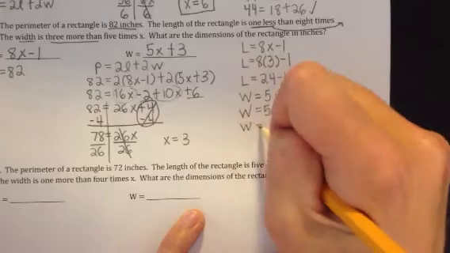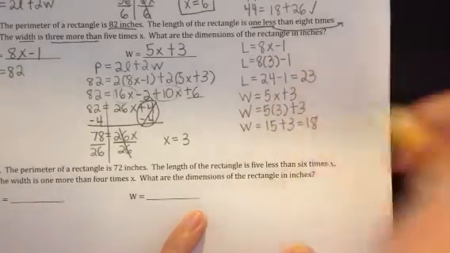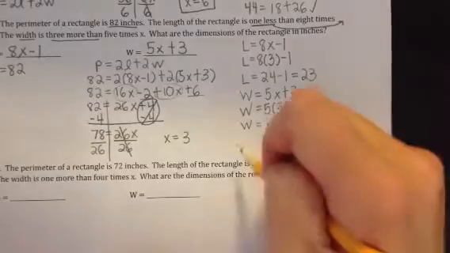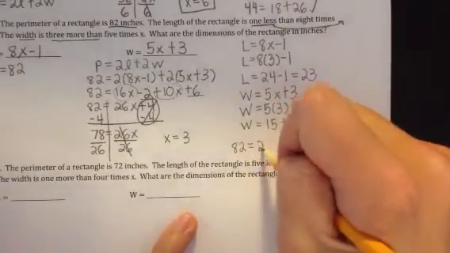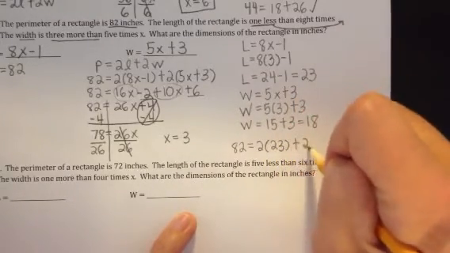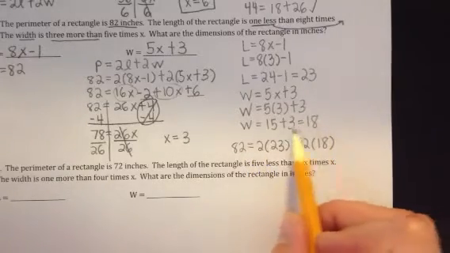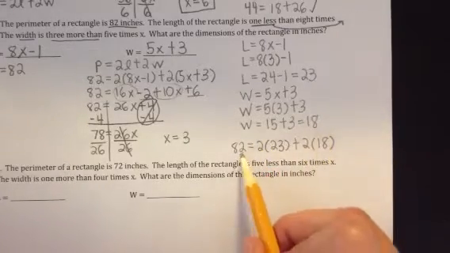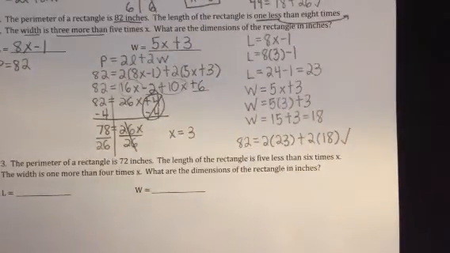So width equals 15 plus 3, which is 18. And then again, to check your work, you would set 82 equal to 2 times 23, 2 times the length, plus 2 times the width. And then what I would do is just plug this straight in the calculator and make sure it equals 82. When you see that it does, that means you did everything right.